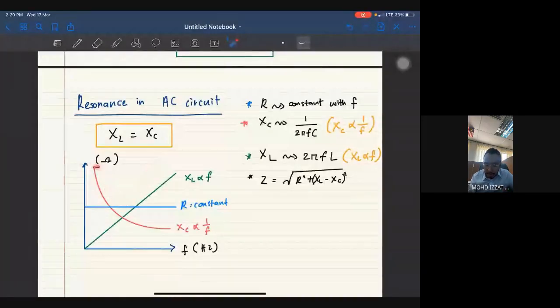To get this, you have to substitute the values one by one. You substitute each value of F in XL and XC, and then you get a different value of Z. But as a result, you will have something that looks like this.